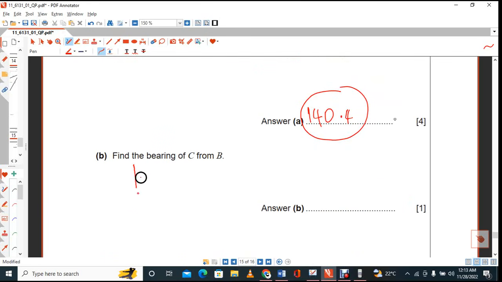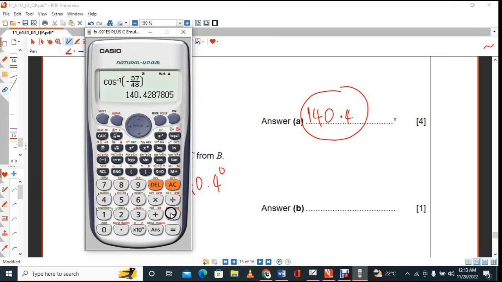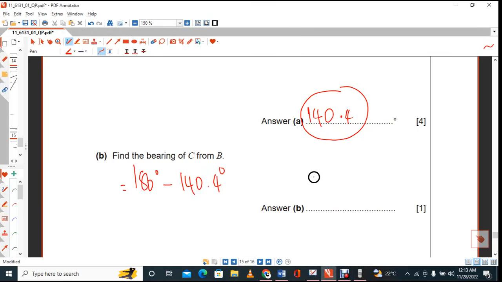So 180 degrees minus 140.4 degrees, which is 39.6. So 039.6. Always give it as a three-figure bearing. Remember it's bearings, so we need to put that 0 in front.